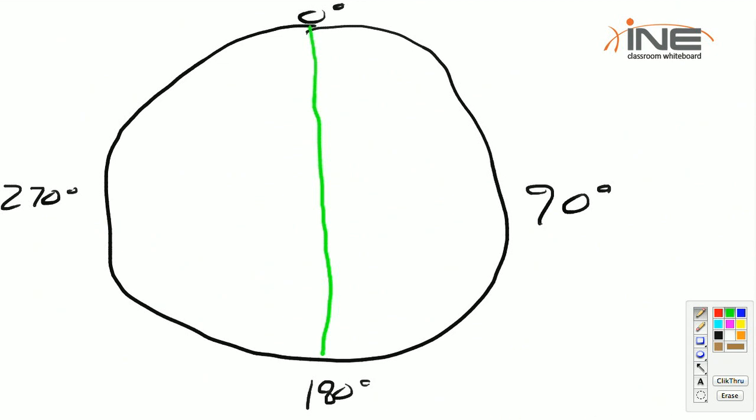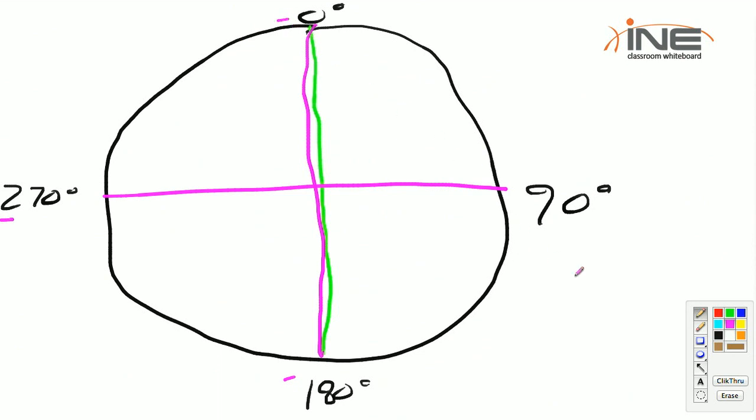If I have differential quadrature, instead of cutting it in half, I'm cutting it up into quads. So I've got my 0 to 90 degree change in phase, my 90 to 180 degree change in phase, my 180 to 270 degree change in phase, and then back to 0 or 360, whatever you want to call it.